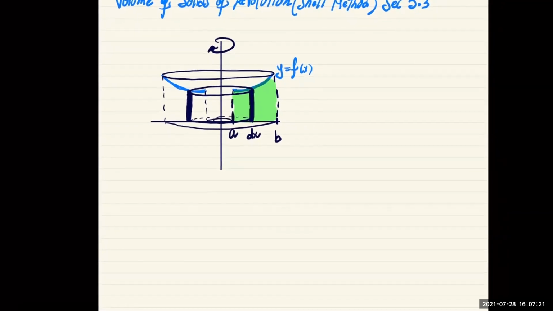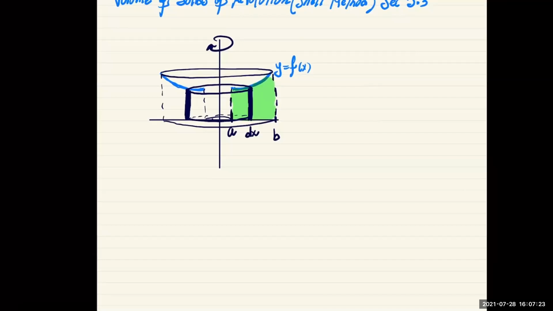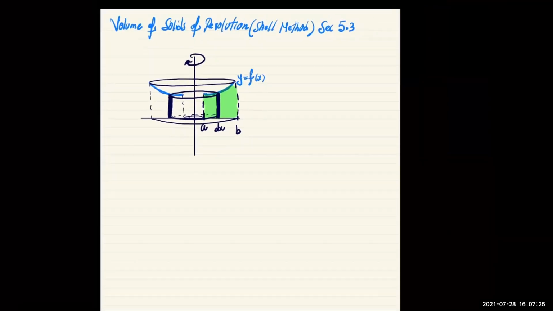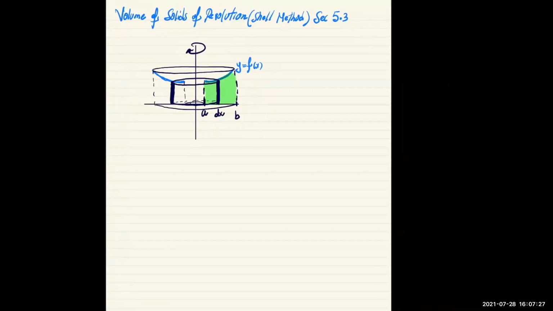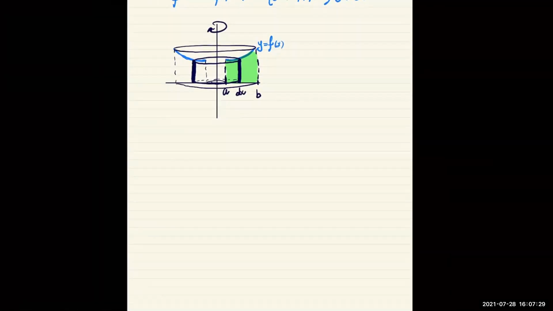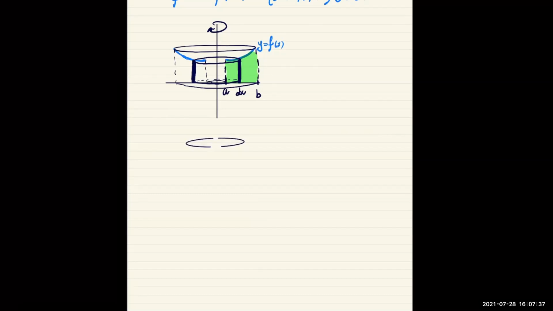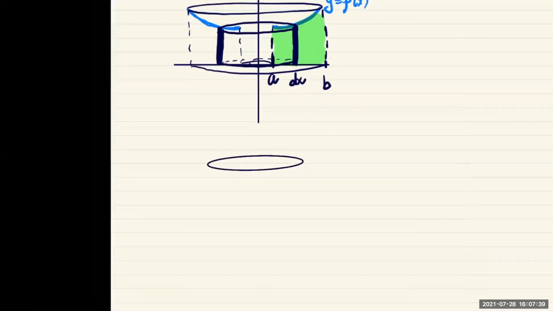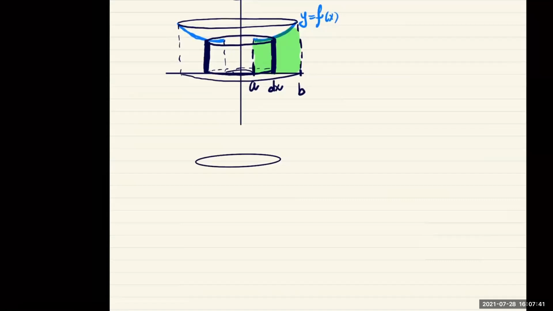So the question is, how do I find the volume of this shell? Well, let's draw that shell out. Definitely not filled. And this has some thickness.